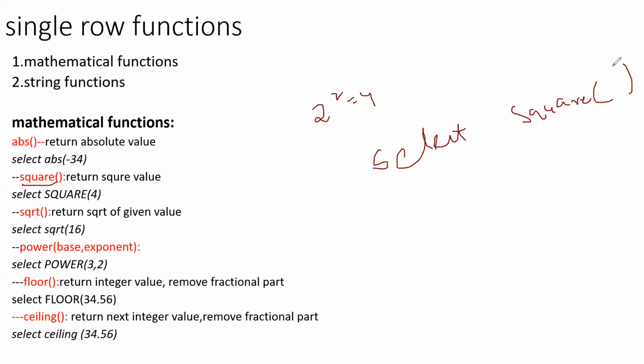In the parentheses we need to pass the values or the parameters. Now I am passing 4. Square of 4, 16 is the output. Now square root, SQRT. The keyword is SQRT. Power, for example, if you want 3 power 10, here 3 and you can write 10 here.